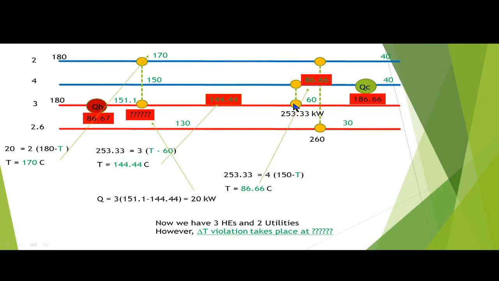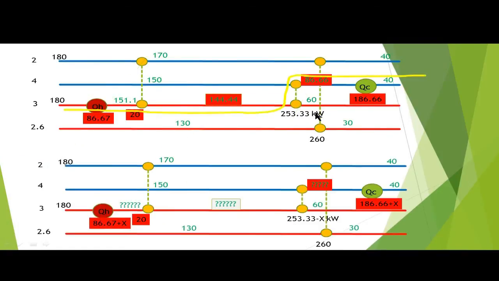Reduce the load here, because we want the temperature here to be 140 at most. Otherwise, delta T will be a violation. So that becomes a little bit less. We deduct some heat load out. When we deduct some heat load out, you have to take care of the flow.